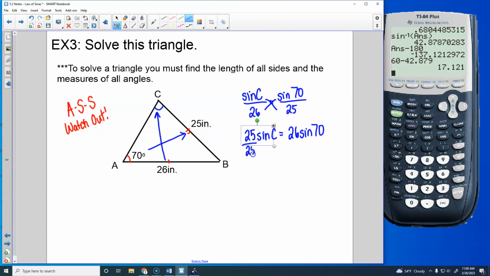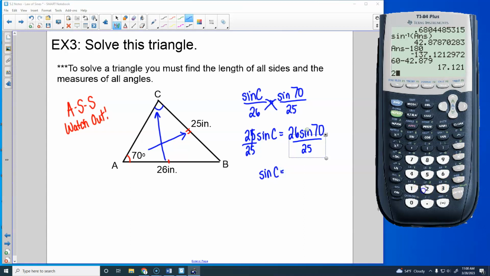So you want to divide that 25 off first. Get rid of it. So sine of C is going to equal, we'll type this into our calculator, 26 sine 70 divided by 25 is going to give us 0.97728.